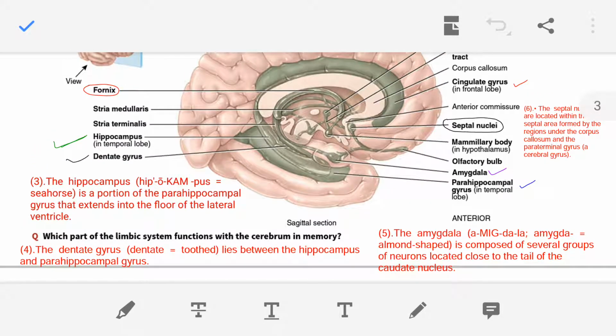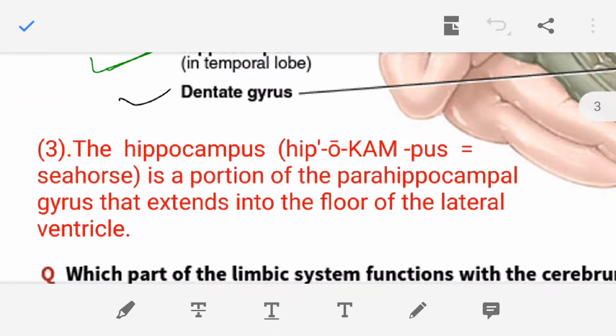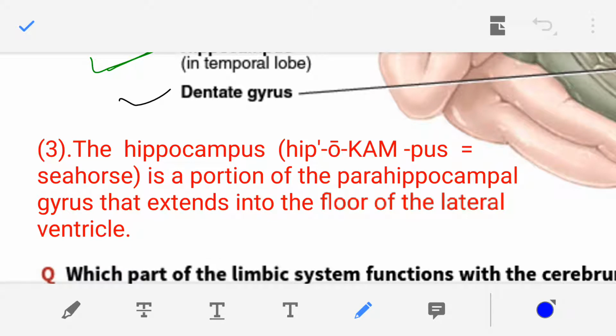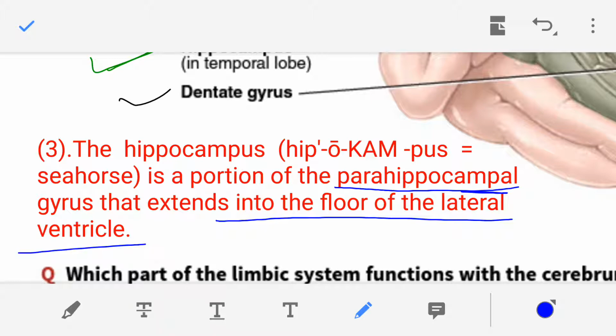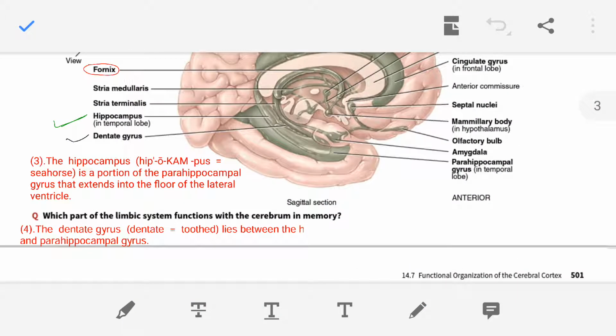Hippocampus is a part of the parahippocampal gyrus, and this portion extends into the floor of the lateral ventricle.